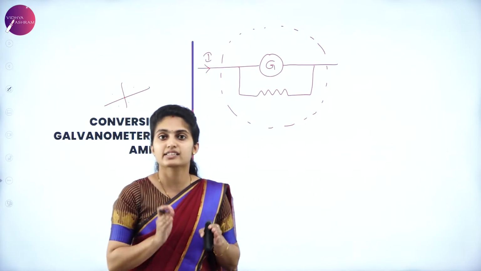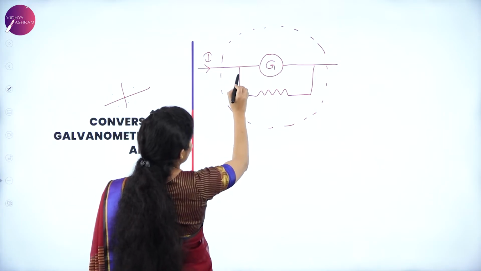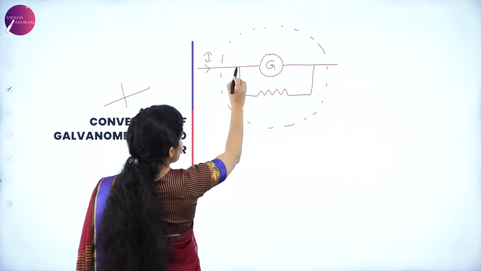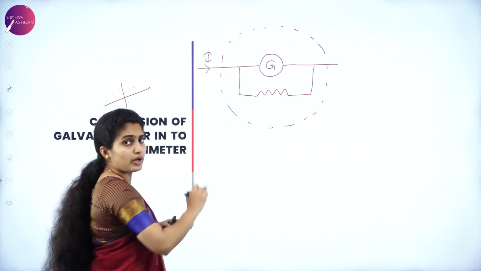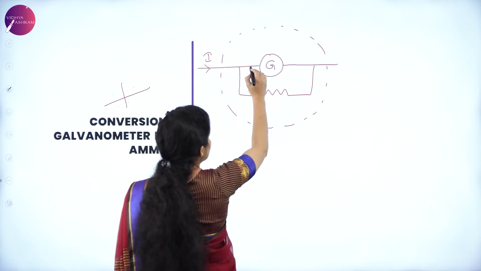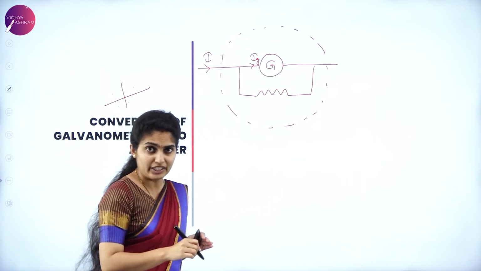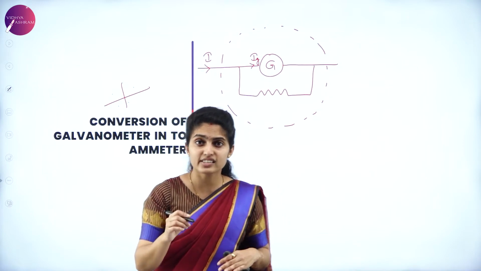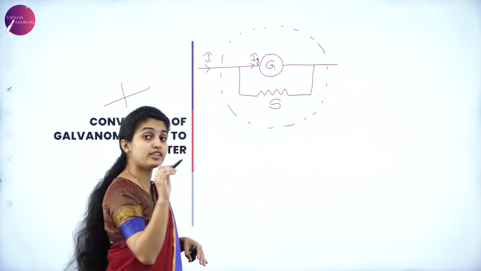Similar thing acts here also. The current is moving over here, and as it comes here, it has a junction. Some of the current flows downwards and some flows towards the galvanometer. Towards the galvanometer, you call it Ig, the current through the galvanometer, and the other goes towards the resistor. This resistor, call it S, because it is called the shunt resistor.